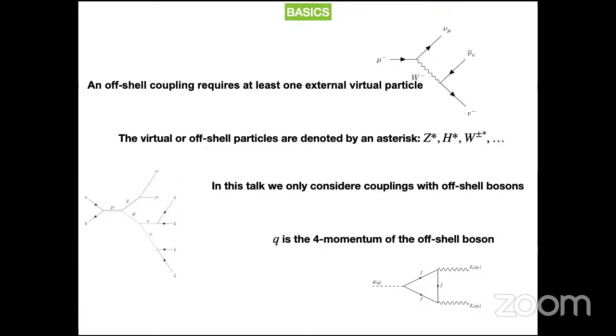So all these particles are virtual, and in this talk we only consider couplings with offshell bosons. The last thing I want to say is that Q is the four-momentum of the offshell boson.